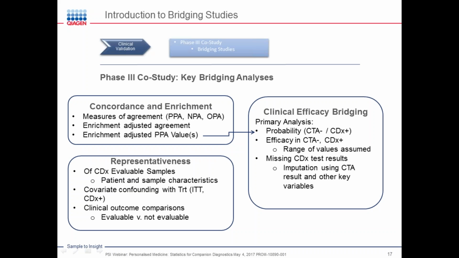To understand the impact those patients may have on the final efficacy, we need to bring the enrichment adjusted PPA into the analysis. And then the other main point is to take account of the missing CDX test results, so we may conduct multiple imputation to ensure the full patient set is included in the analysis. But the next talk by Meijuan Li is going to focus on this area.